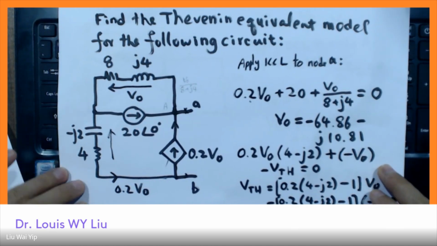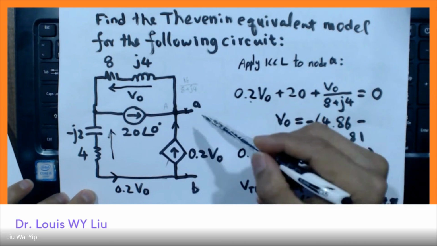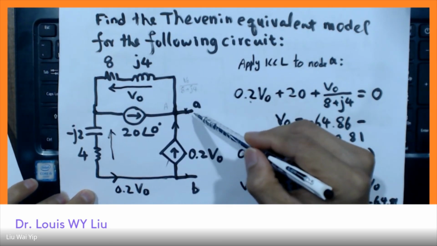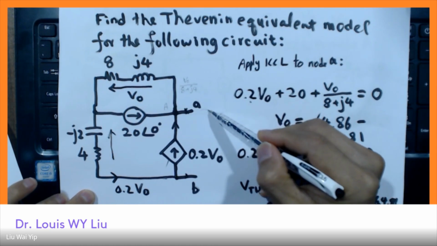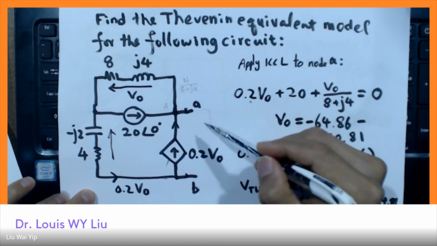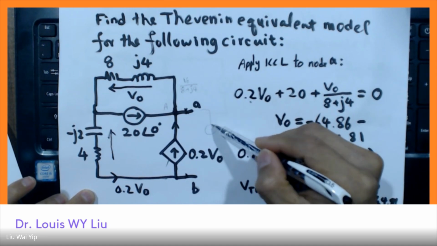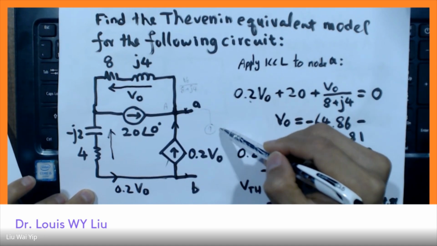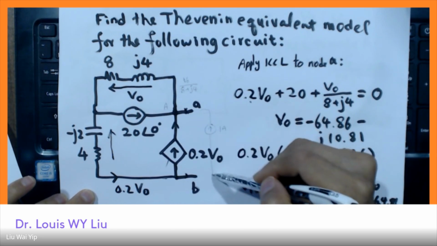So what we can do is we connect a current source here with 1 amp at the output.